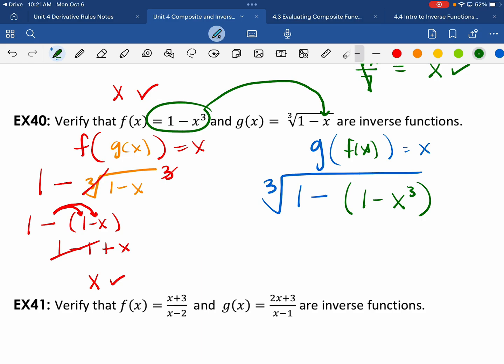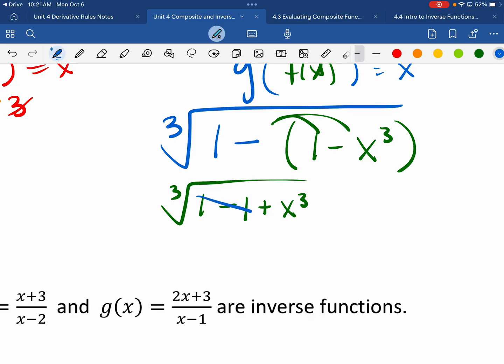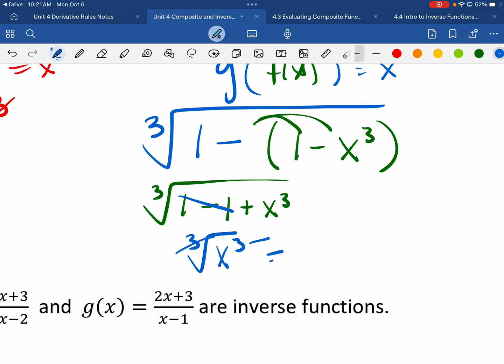Distribute the negative. So cube root of 1 minus 1 plus x cubed. What's going to cancel? Before the cube roots, the ones, and then the cube roots.